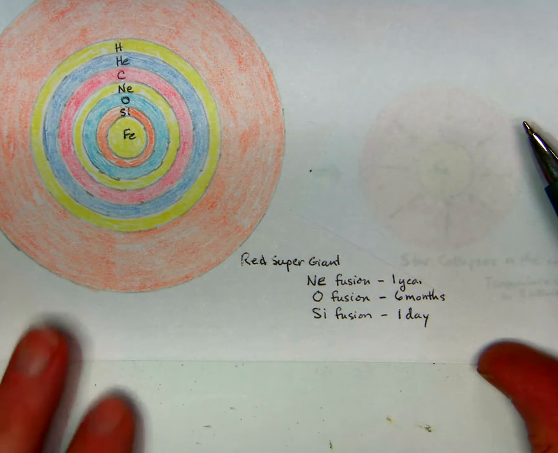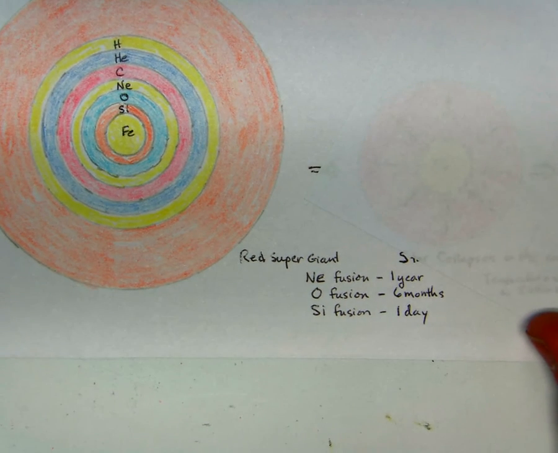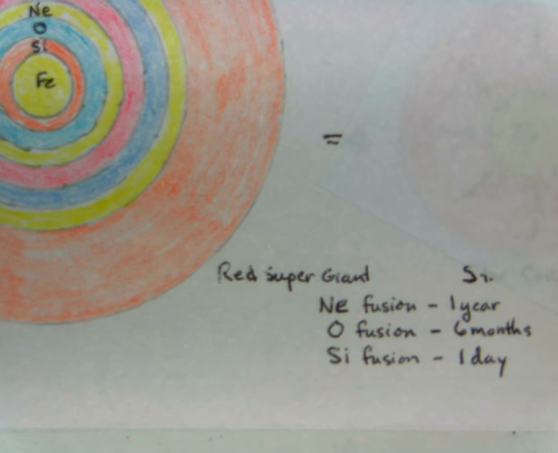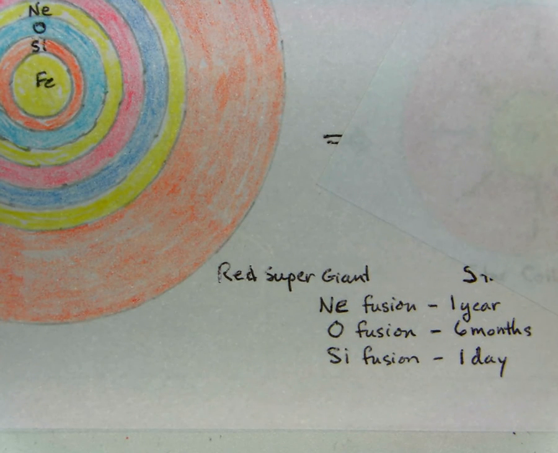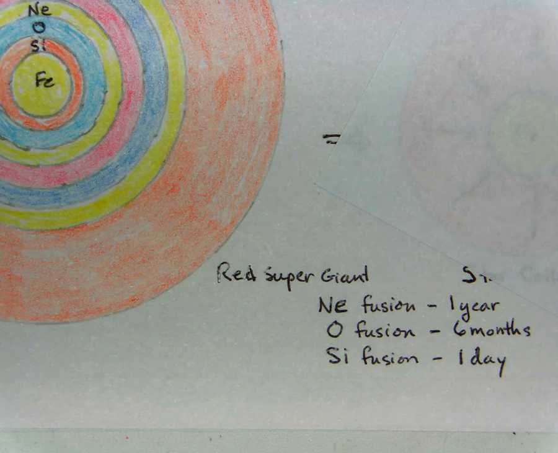But the times that are involved here for the neon fusion, that occurs for about a year. The oxygen fusion occurs for about 6 months. The silicon fusion occurs for about a day, where it's fusing silicon into iron.